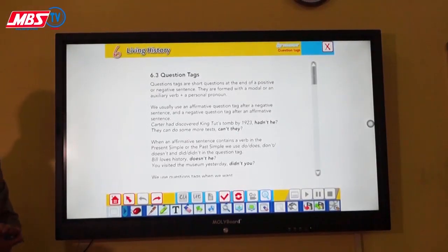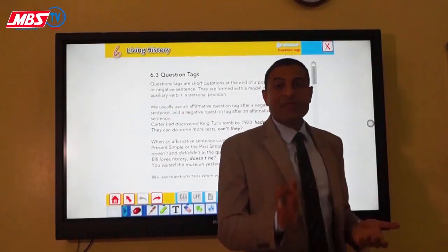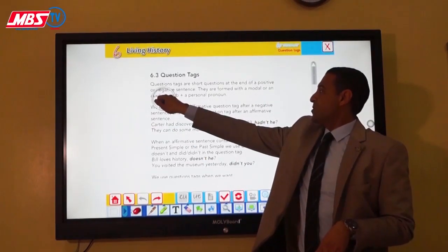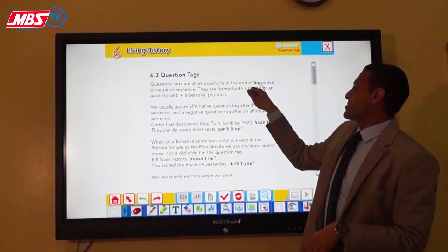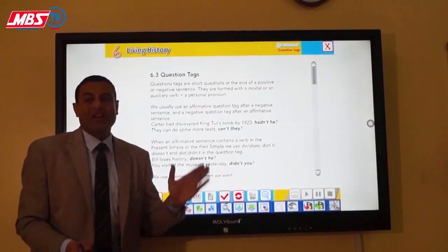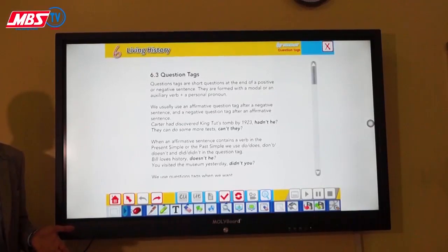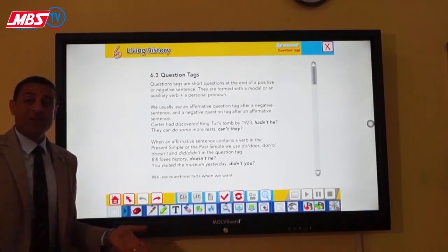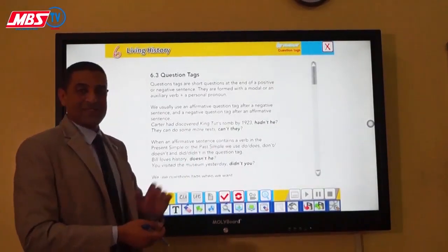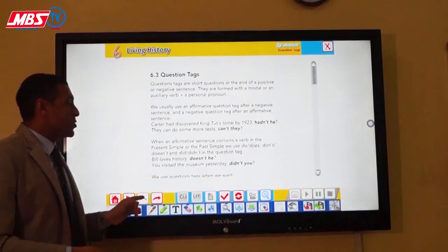And then some sentences are in present simple or past simple. In these sentences, we don't have any auxiliaries or any modals. If the sentence is present simple or past simple, I just have the form of the verb. So what can I do in something like this? Dear, it's very easy. Never worry about this one. If the sentence is in past simple, affirmative form, just use didn't.